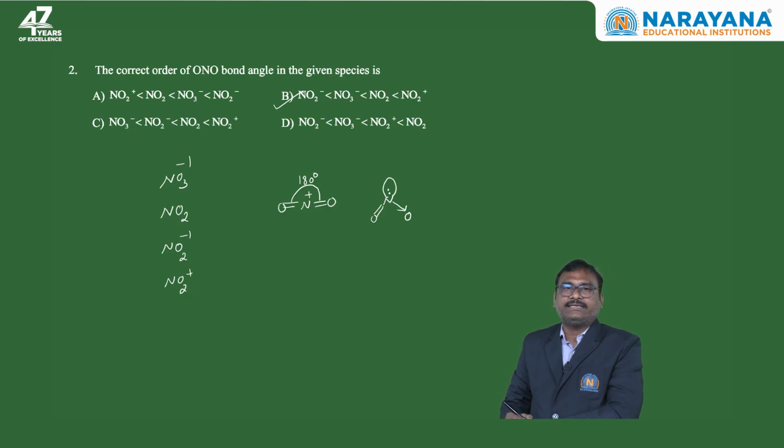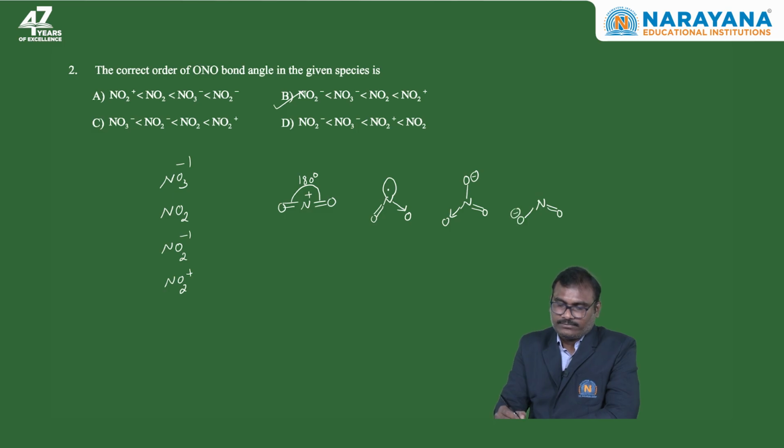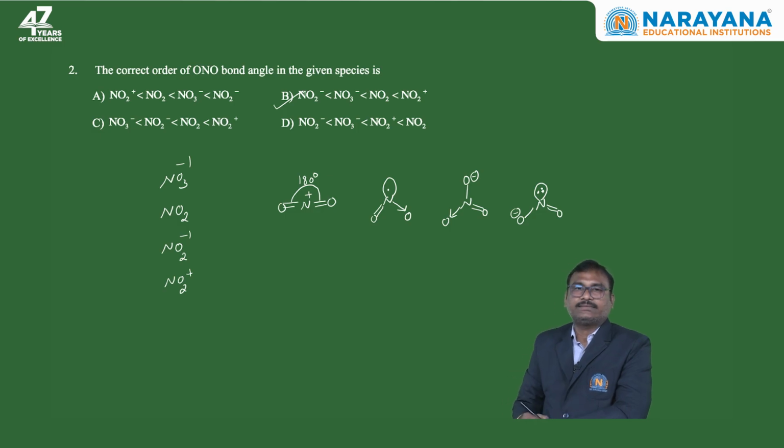Unpaired electron is present. If you go for the structure of NO3 minus, trigonal planar. If you go for NO2 minus also, yes.